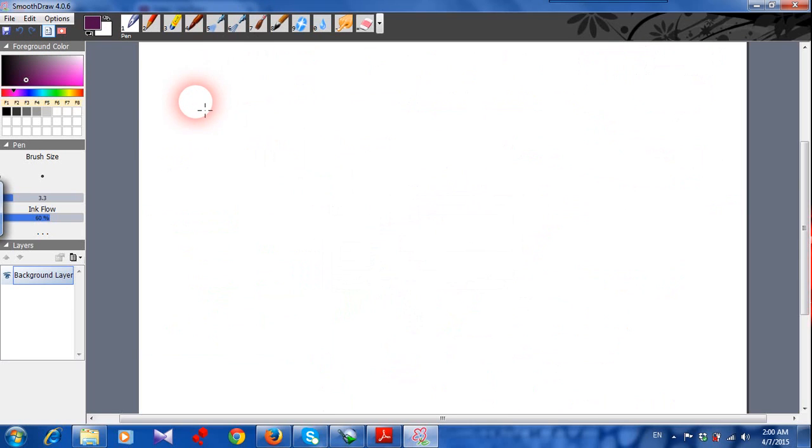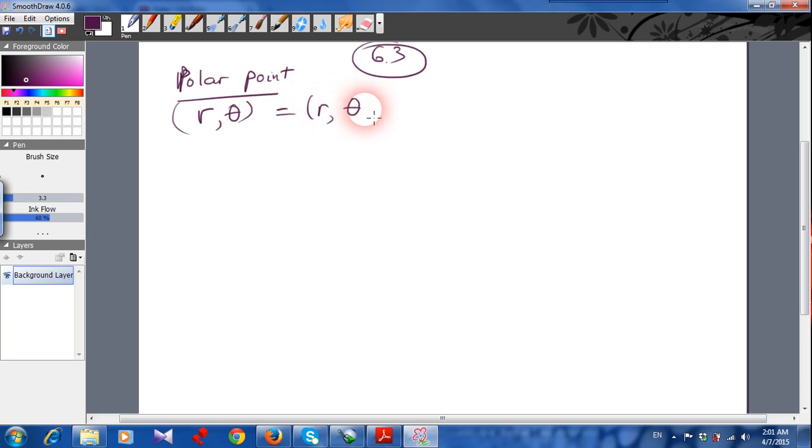To sum up, we have three things to remember. First one is polar points. In this section, 6.3, polar point with θ plus 2π.